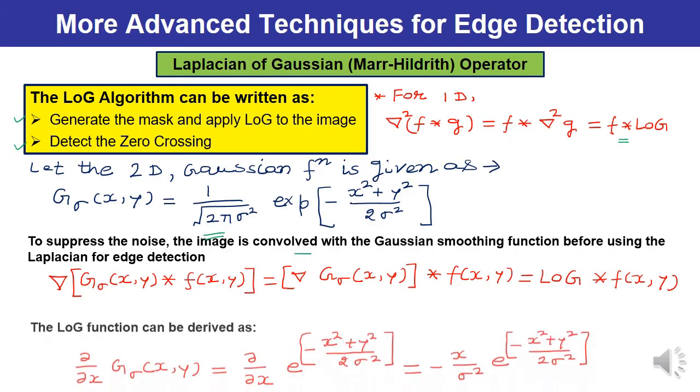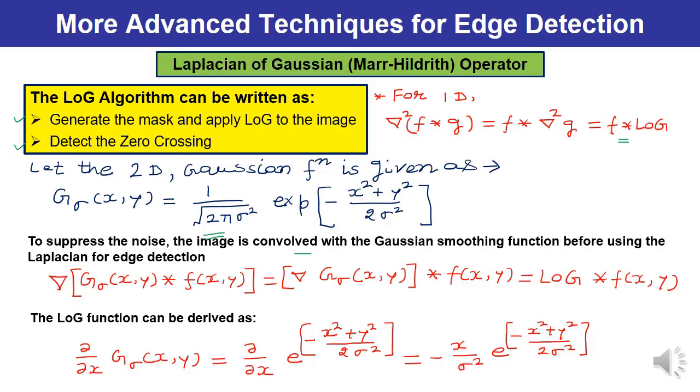What is the Laplacian of Gaussian function? See, del upon del x of g(x,y). You can write this down from equation number 1 by ignoring the normalization constant which I have told you. So accordingly you write it in this particular form.